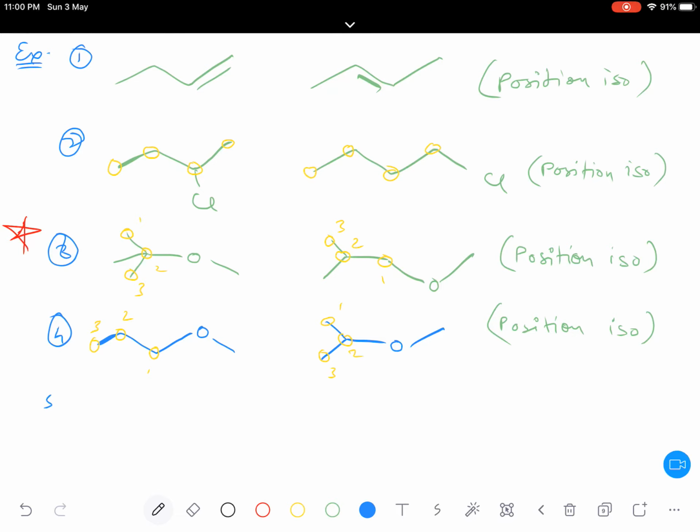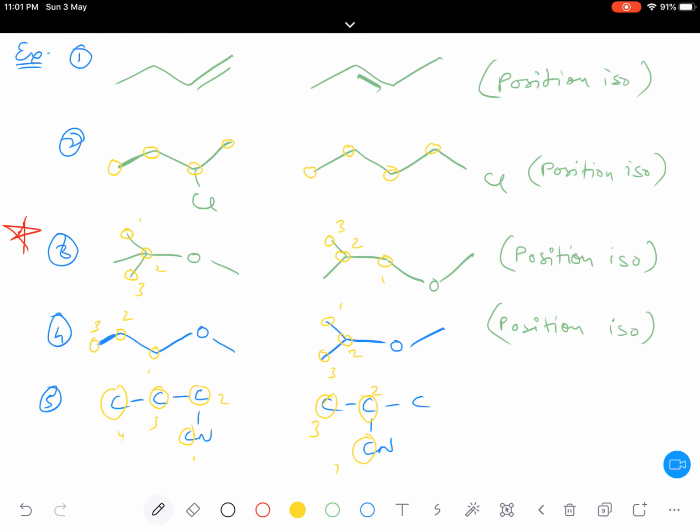Correct. Similarly, let's take one more, which I have already taken. Let's say CN, C, C, CN. Now these two, will they be position isomers? You can say, sir, CN is coming on the first carbon, here CN is coming on the second carbon. But I will suggest that CN or COOH or CHO or keto, these are chain terminating groups, right? So the numbering will start as 1 2 3 4, 1 2 3 4, and 1 2 3, 1 2 3 if I write.